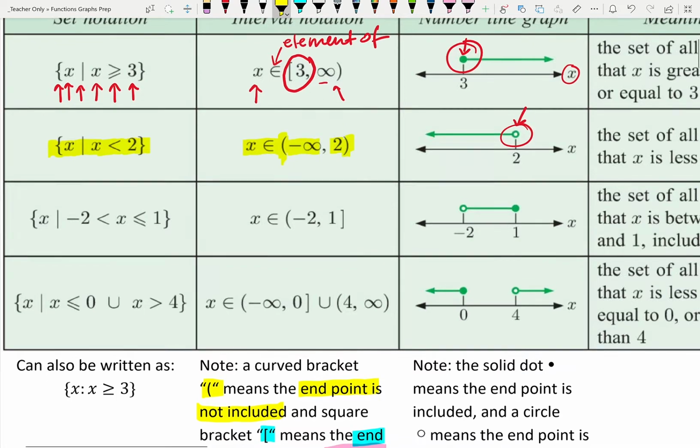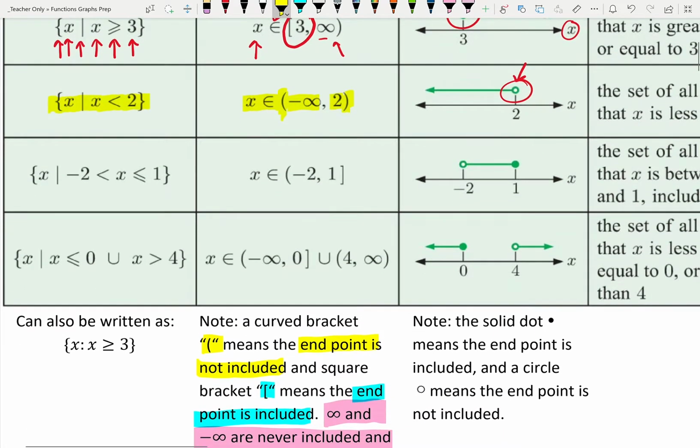Sometimes we'll have a closed interval where you specify, so this one here where we've got negative 2 not included but 1 is included, and so then we have the set of all x such that x is greater than negative 2 but less than or equal to 1.